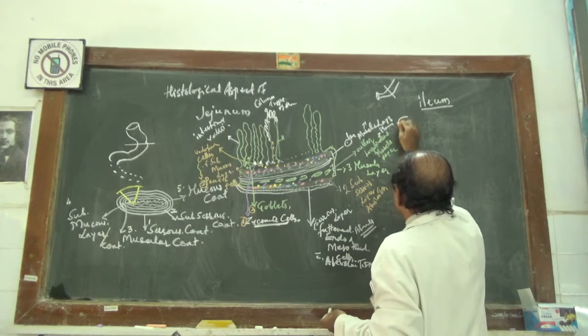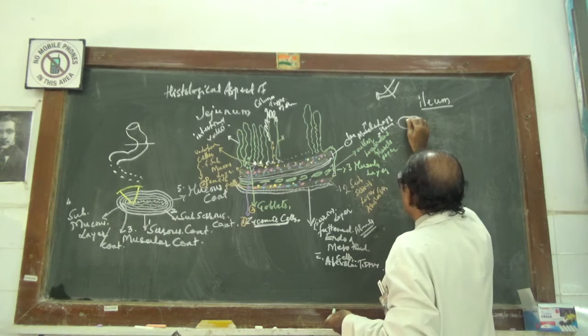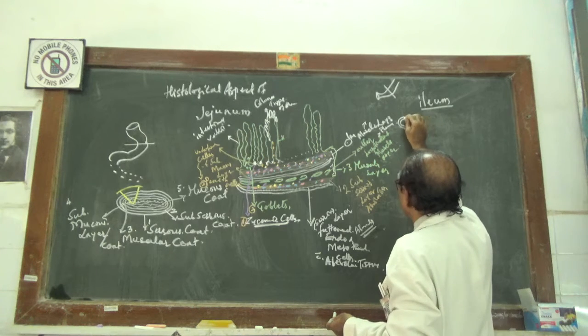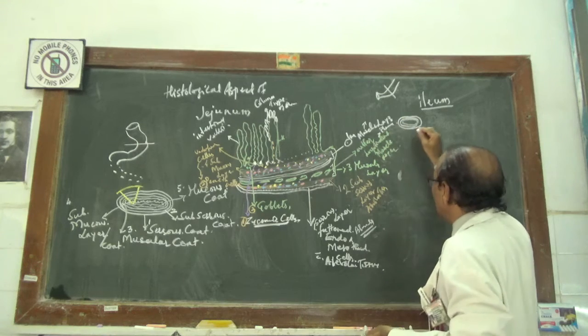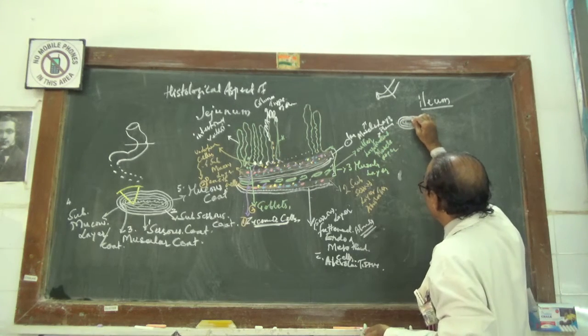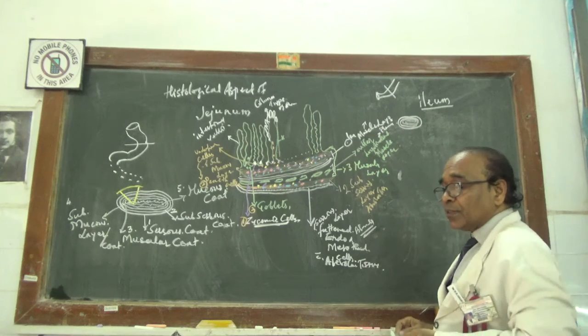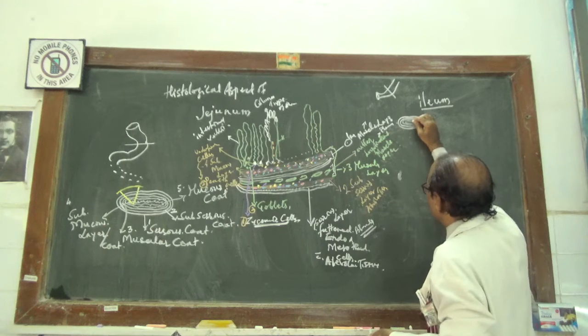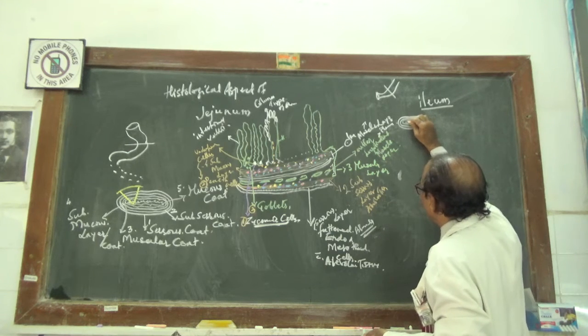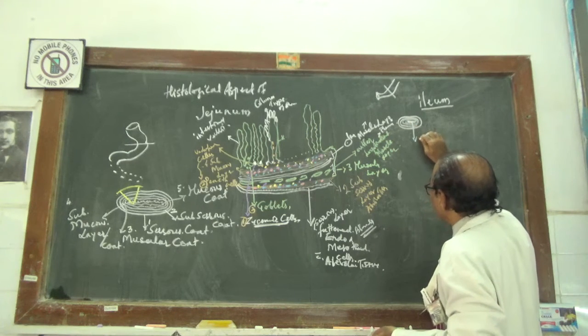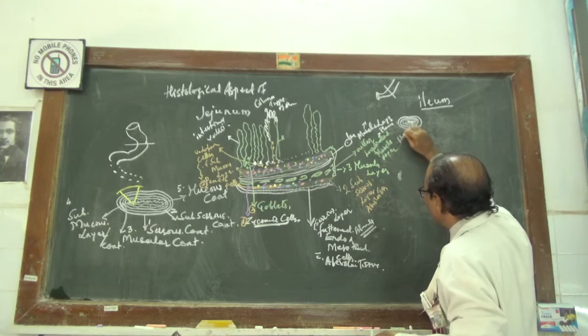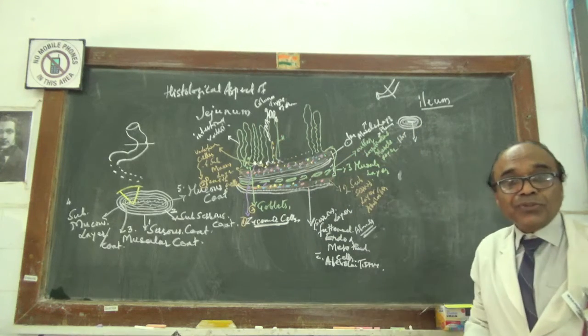You will get the same coats: serous, subserous, then muscular, then submucous, then mucosa. All five, 1 to 5, same as that of the jejunum.